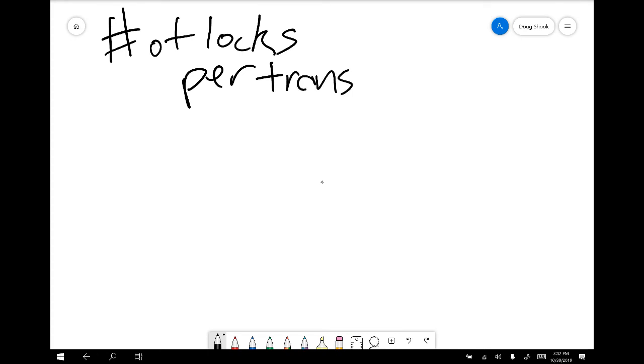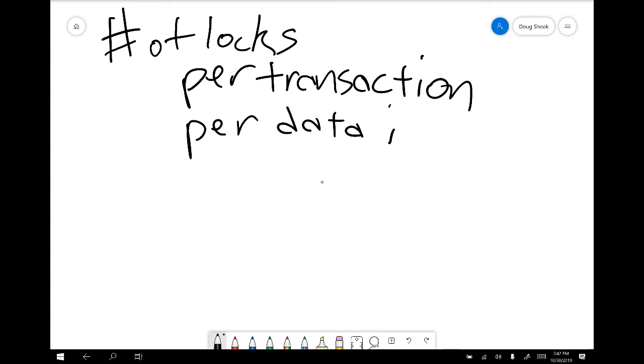This could be per transaction, but it also could be per data item. There are rules on how many locks a particular data item can have out at any given time as well. If I'm acquiring write locks, there can only be one. If I'm acquiring read locks, I can actually have lots. Those are things we'd want to try and test as well, especially as it relates to lock acquisition.